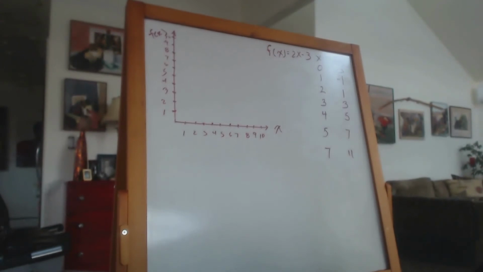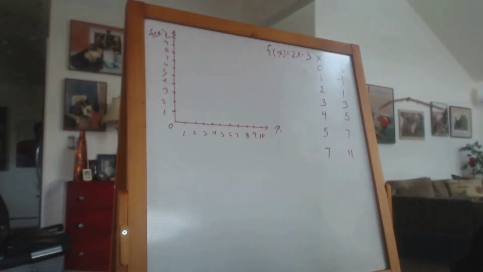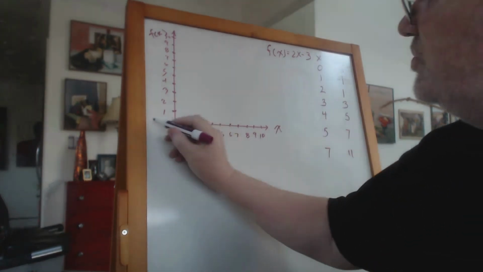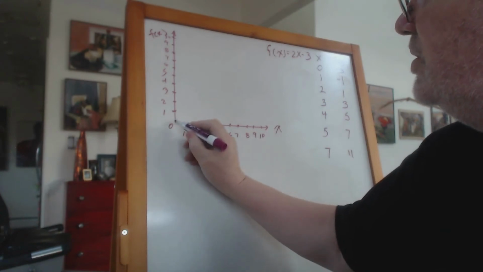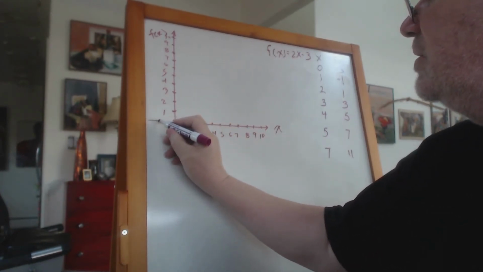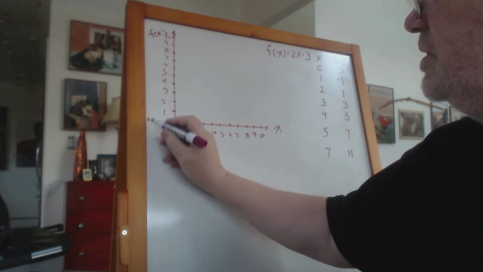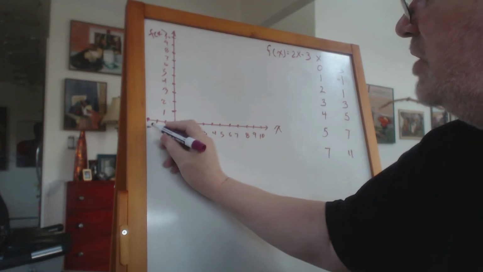Okay. Now, when x is 0, we know that the function is minus 3. So it's back here somewhere. If we extend this back, 1, 2, 3, so it's back there at minus 3.